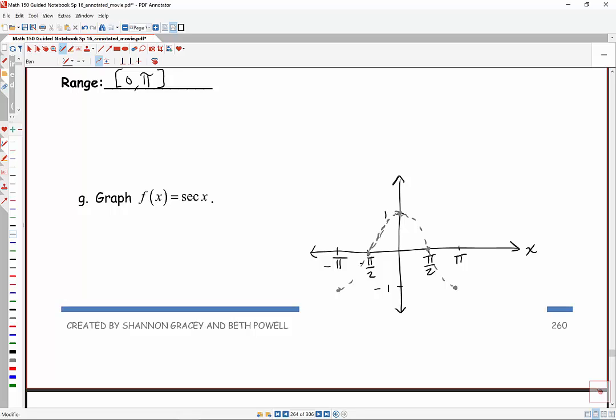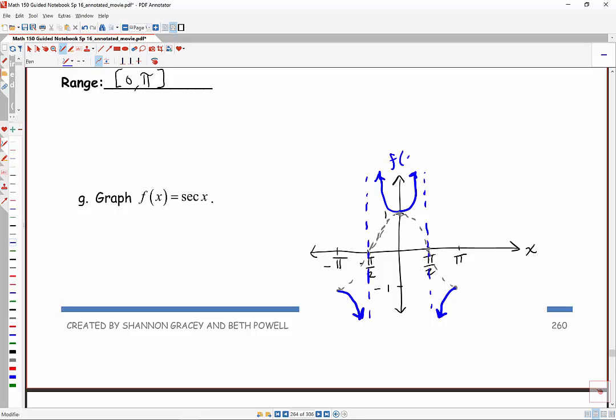Okay, so then our vertical asymptotes will be negative pi over 2, pi over 2. And so our graph will go up here. It's going to go down here and here. Okay, so far? All right. So this is our f of x.